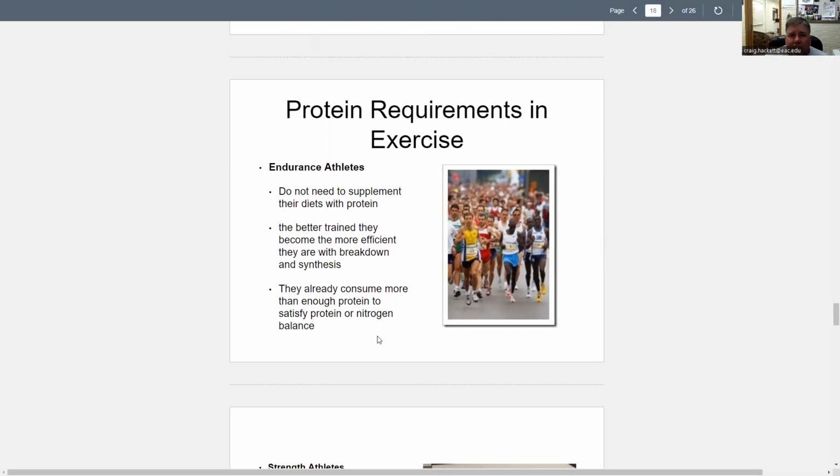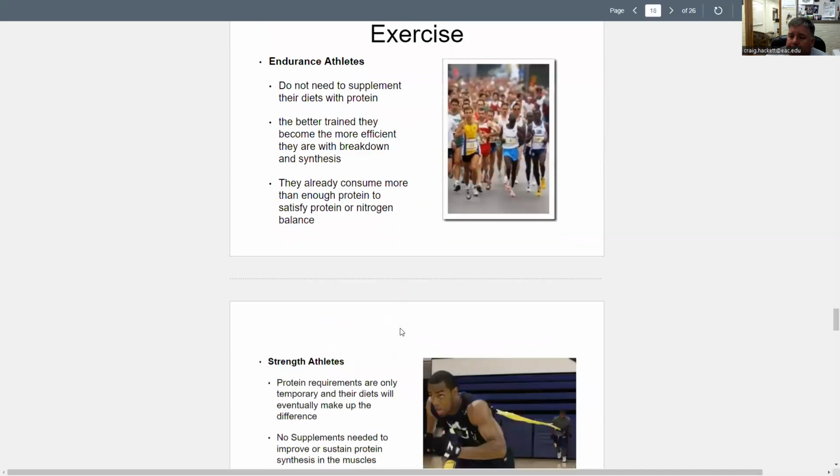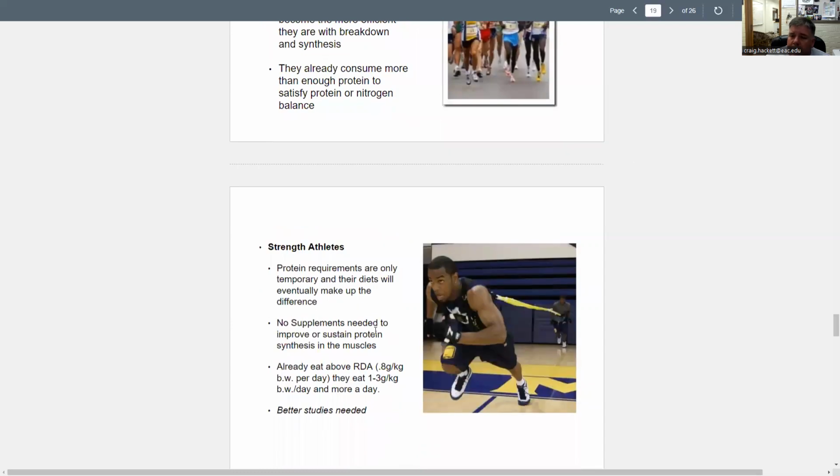The type of exercise they do doesn't have an overly strenuous demand on their muscle. Although it's hard work, I'm not discounting that. We're just looking at the biology of it. They don't break down protein as readily as a strength athlete. So endurance athletes don't necessarily need to supplement their diets with protein.